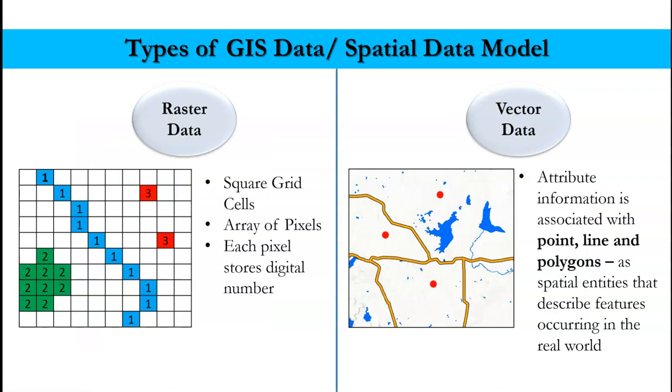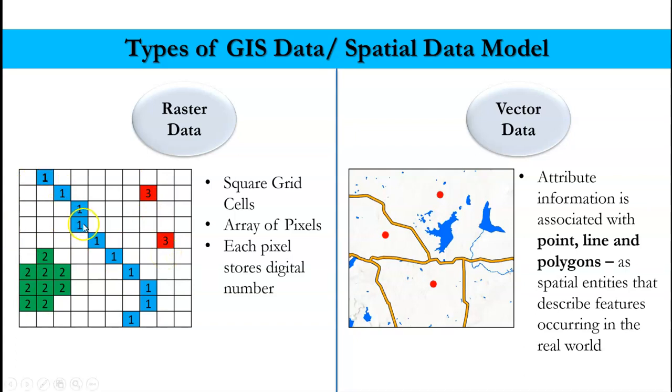Types of GIS data or spatial data model: raster data and vector data. Raster data mostly comes from satellites, from airborne platforms, in the form of pixels. You can see the highlighted pixels 1, 2 and 3. I'm just showing some examples.